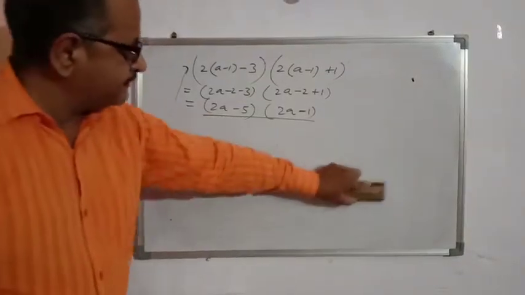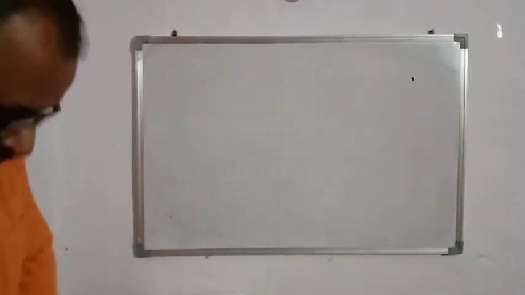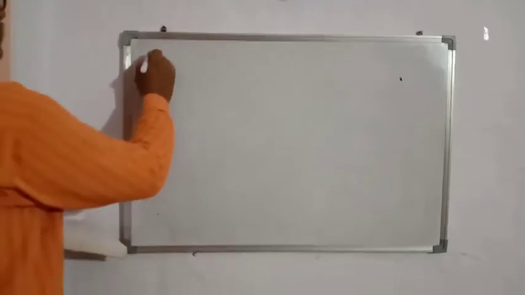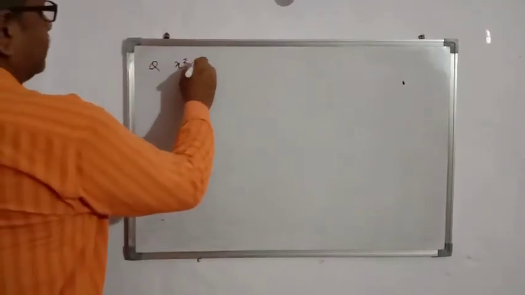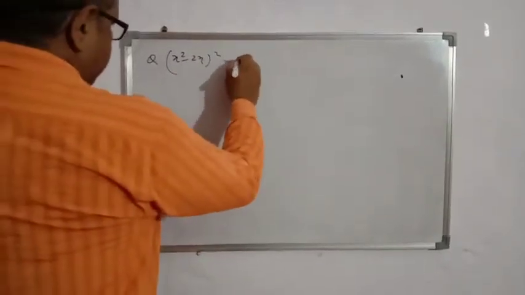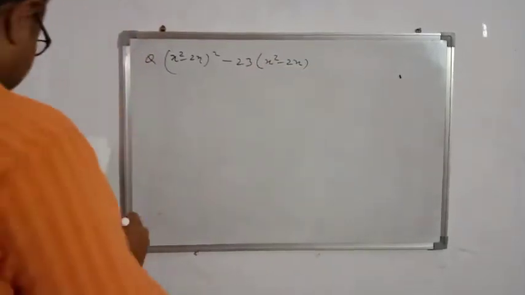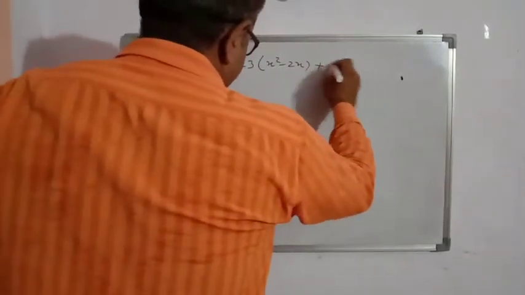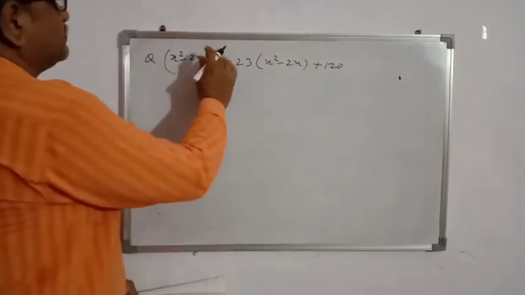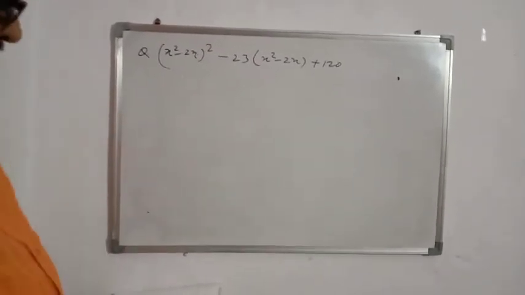See one more question. x square minus 2x whole square minus 23 times (x square minus 2x) plus 120.